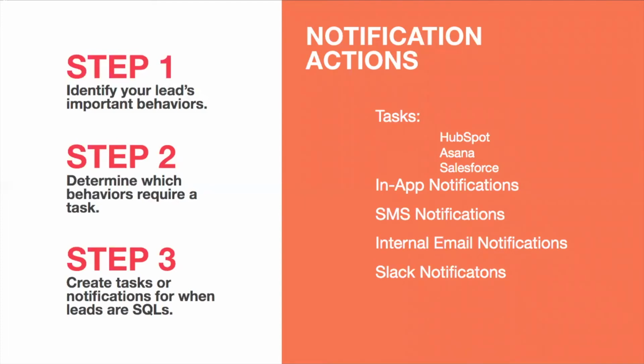So the marketing automation has thousands of integrations. The sales side now has 350 plus integrations on the CRM side. So you can have Slack, you can have Asana, you can have these other tools that can also play nice. So these are all the different ways that you can be communicated about your leads' most important behaviors.